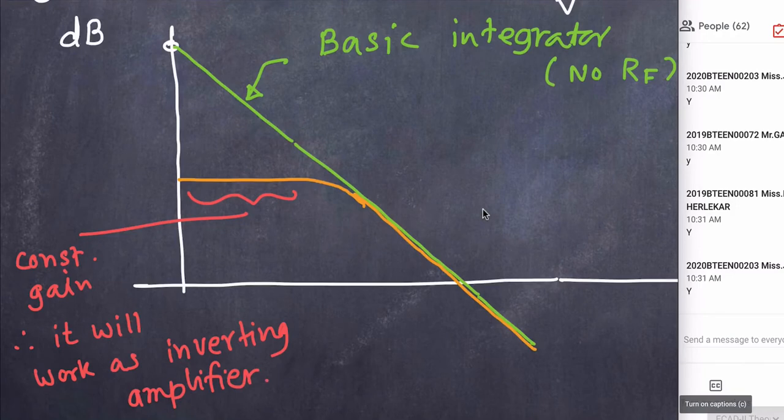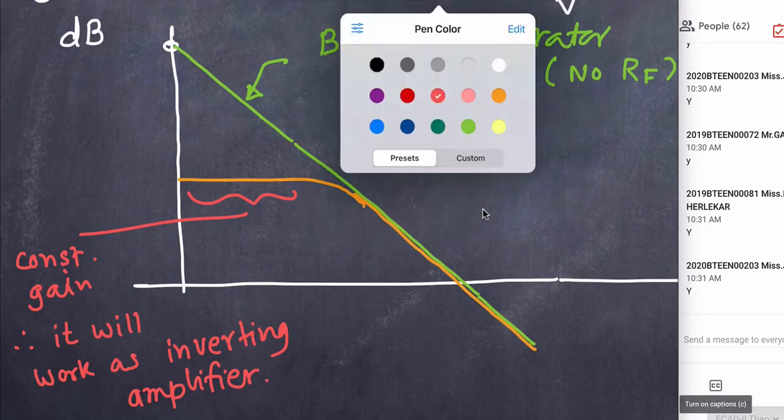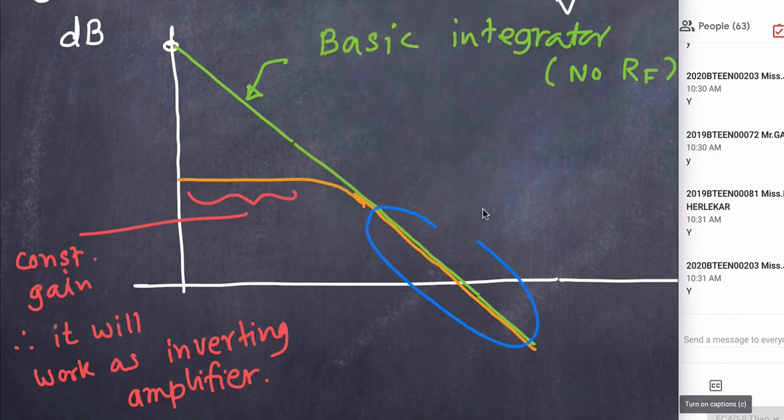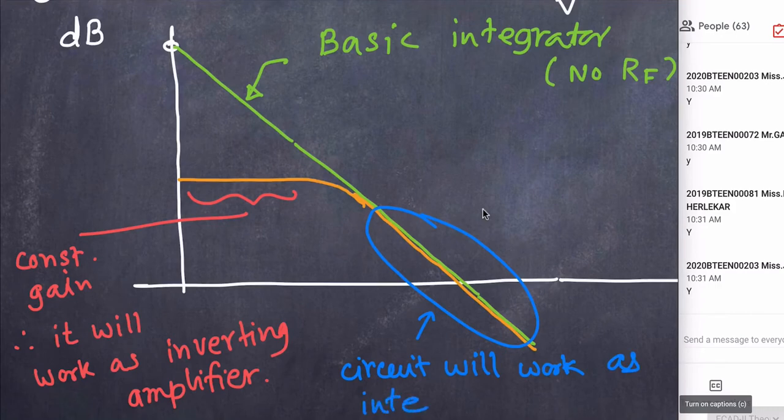But in this region the gain is falling, so the circuit will work as an integrator.